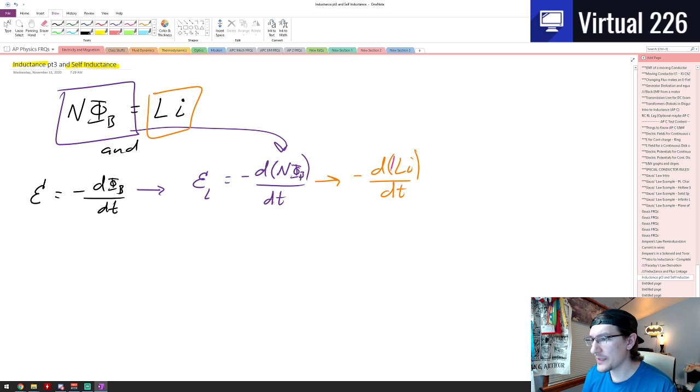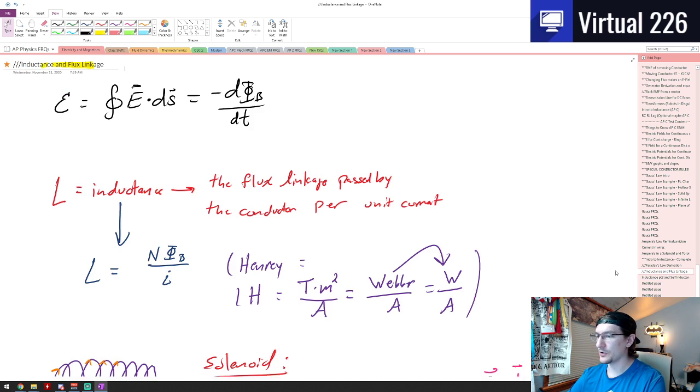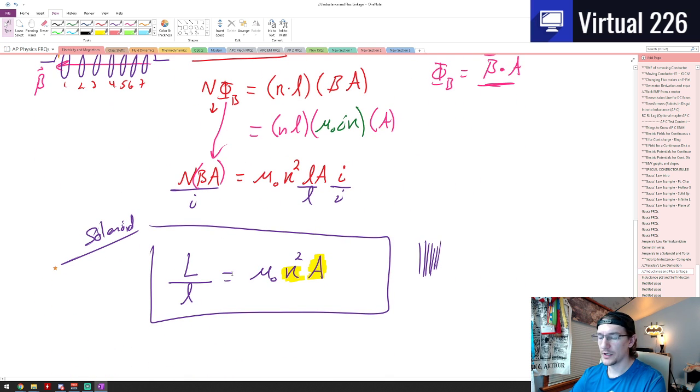Now, the inductance is a physical property of your inductor. If we go back real quick and take a look at our equation for a solenoid, if we bring this L back over to the other side, n is a turn density. That's physically how you built your solenoid. A is the cross-sectional area of the loops. It's how you built your solenoid. And L is the length of your solenoid.